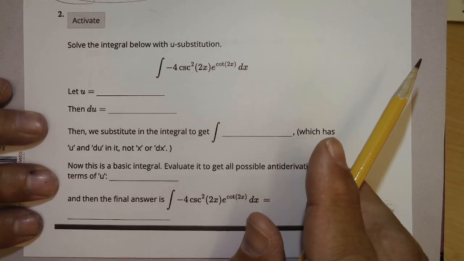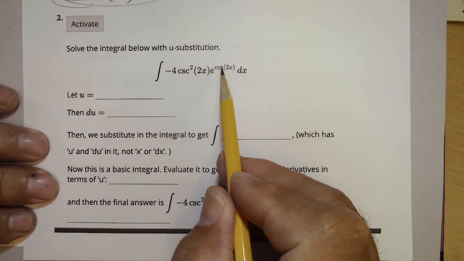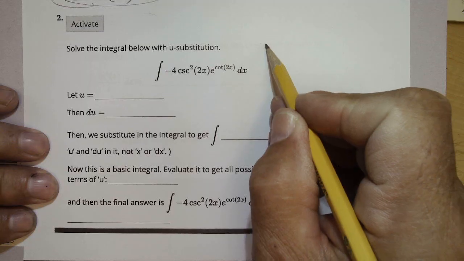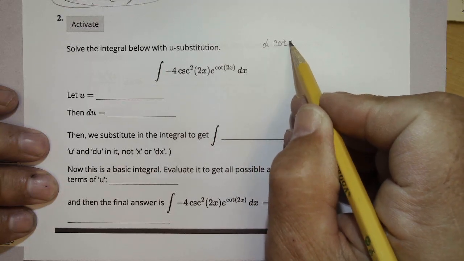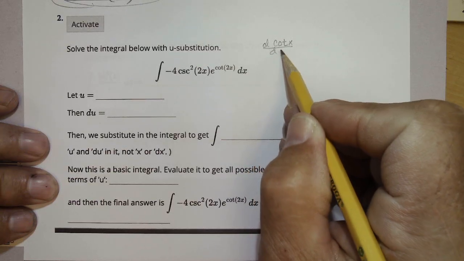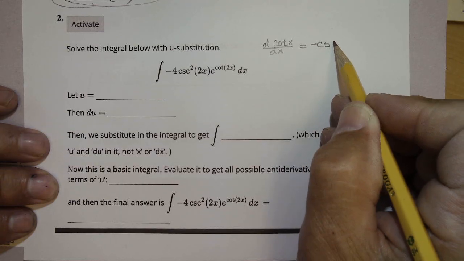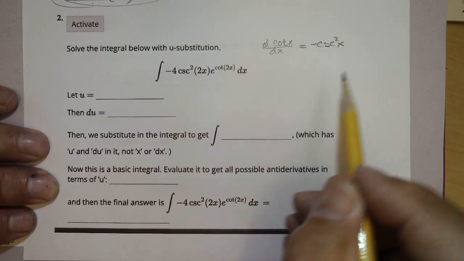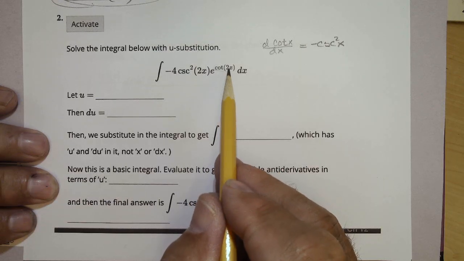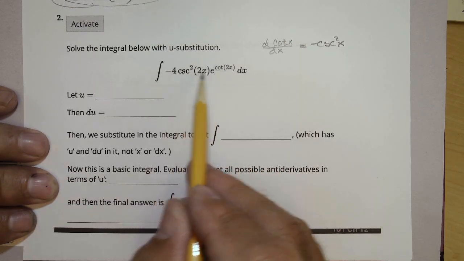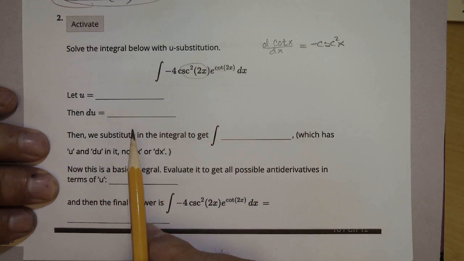This one. Now, I know that substitution works on this because I remember that the derivative of cotangent x is negative cosecant squared x. Now, the 2 is going to make it a little different, but not much. And so I see the derivative of cotangent sitting here.